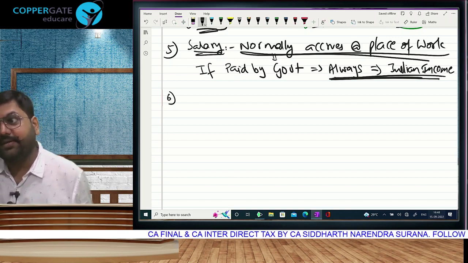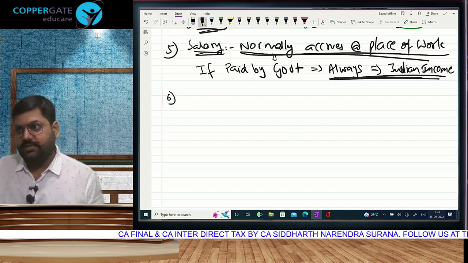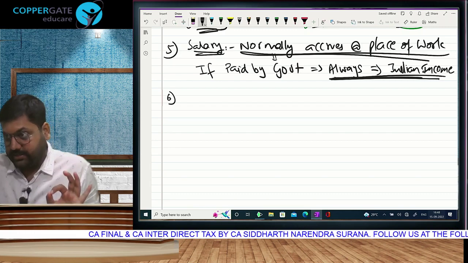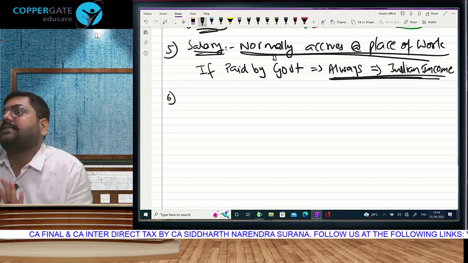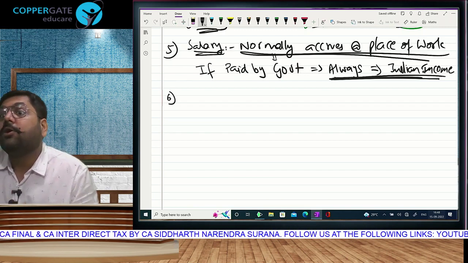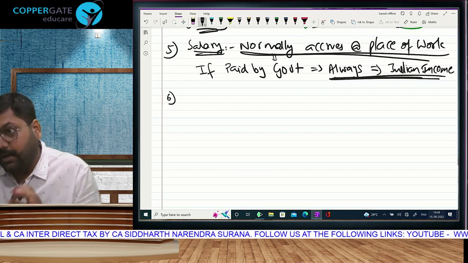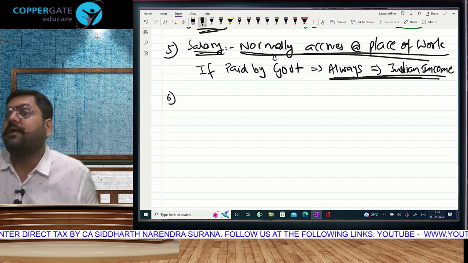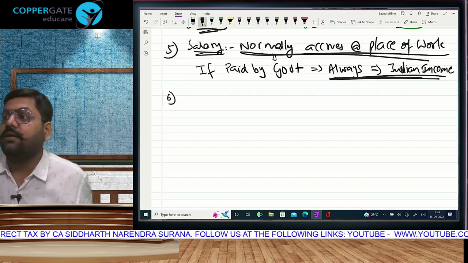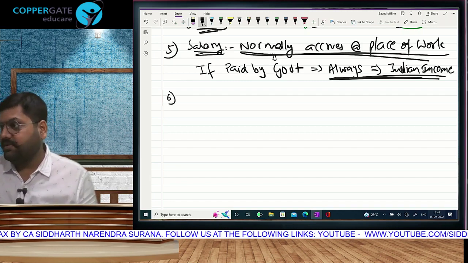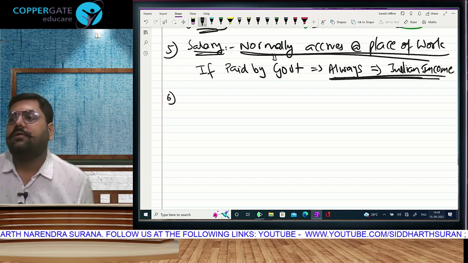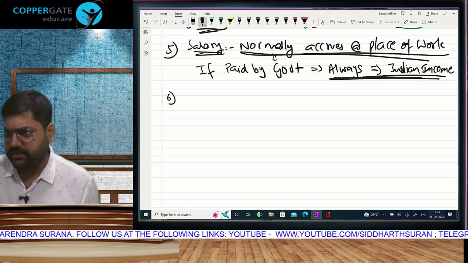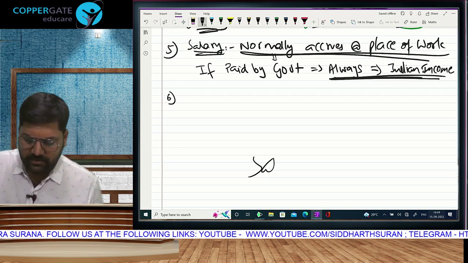In effect, despite the fact that you are a non-resident, my question in one line is this: is a foreign salary paid by government of India taxable in India? Because it is paid by government, it is Indian income, so it will be taxable for everyone.